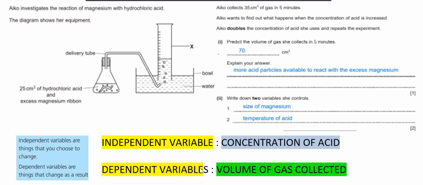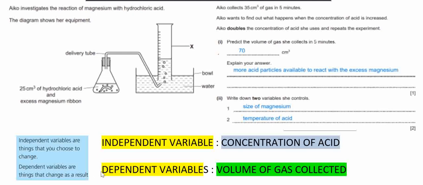So the dependent variable depends on the concentration of acid. If it's 35 cubic centimeters before Ico doubles, then when Ico doubles the concentration it becomes 70 cubic centimeters. So in this case, the dependent variable is volume of gas collected.